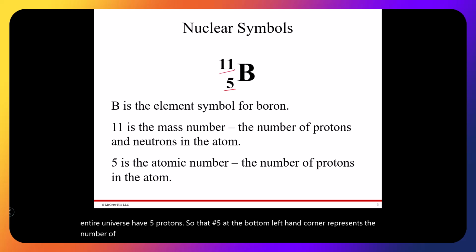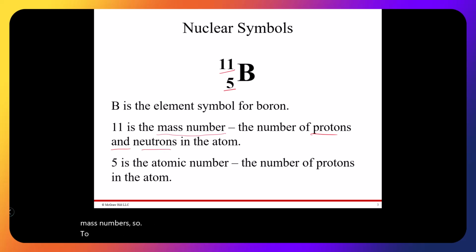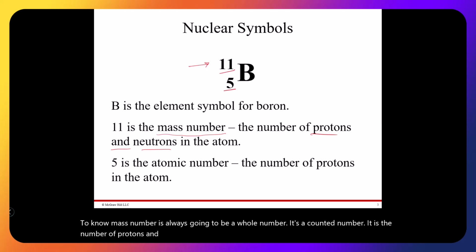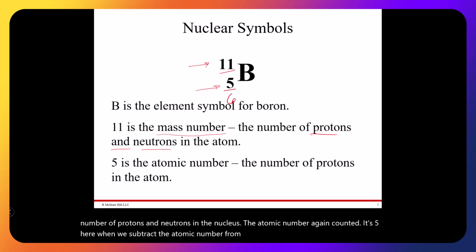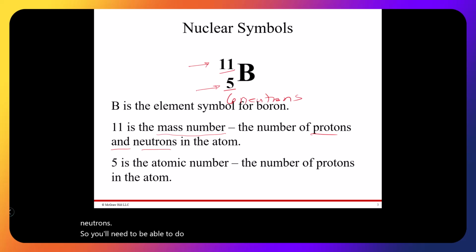The 11 represents the protons and the neutrons, and that's called the mass number. So you need to know mass number is always going to be a whole number. It's a counted number. It is the number of protons and neutrons in the nucleus. The atomic number, again counted, it's 5 here. When we subtract the atomic number from the mass number, we get the number of neutrons. So you'll need to be able to do that to label this correctly.